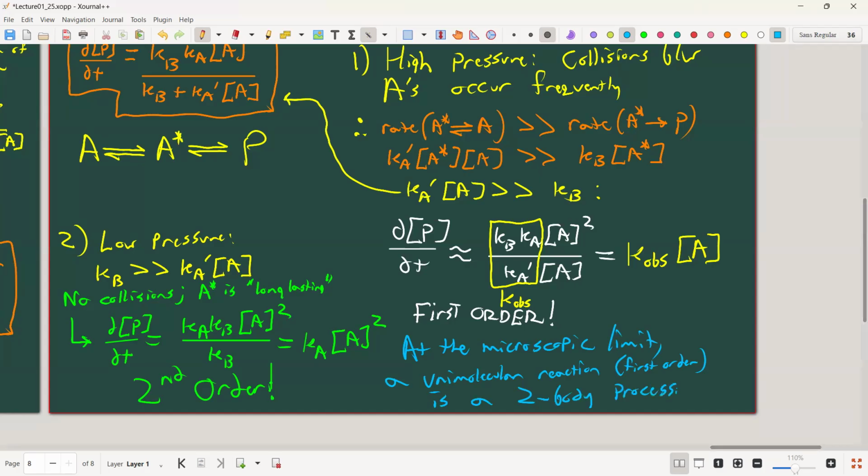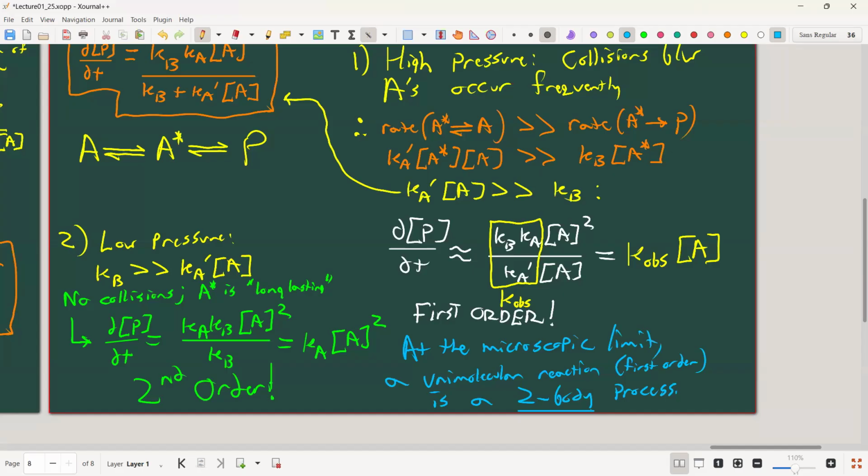You need a collision partner. So even though the kinetics are only dependent on one body, effectively at high pressure, in reality, dynamically, you need another body to transfer energy to through a collision.